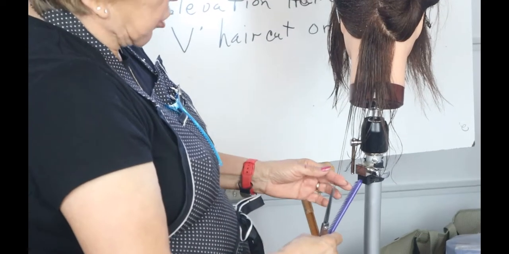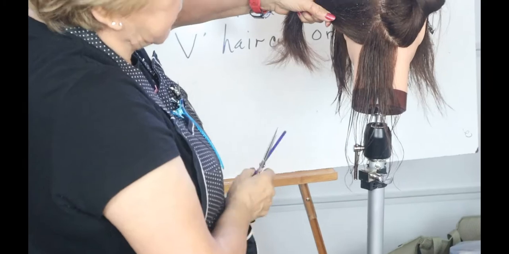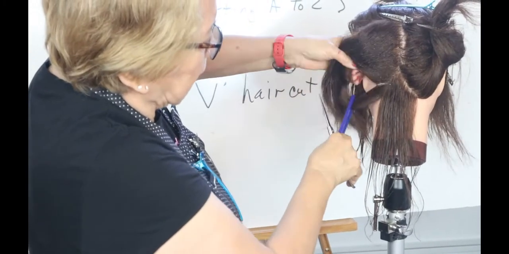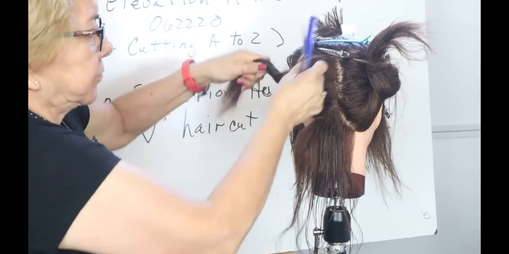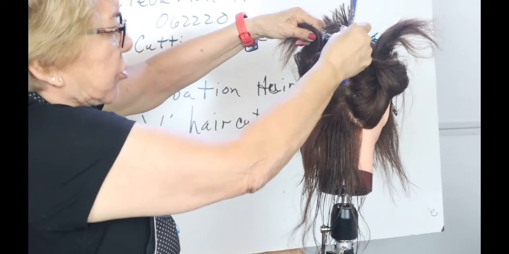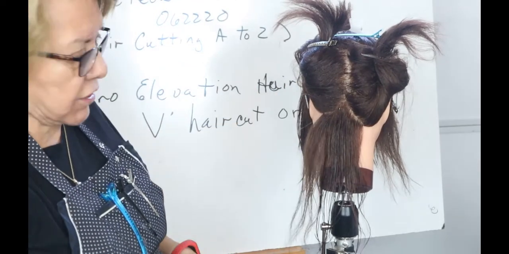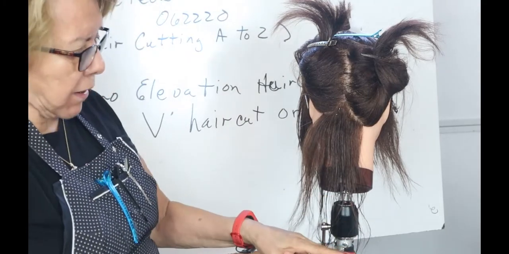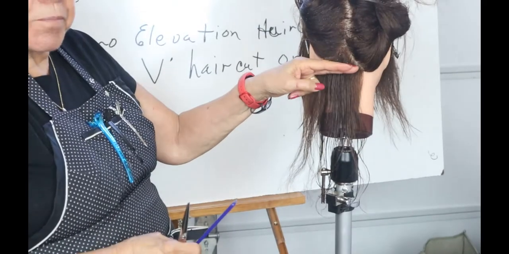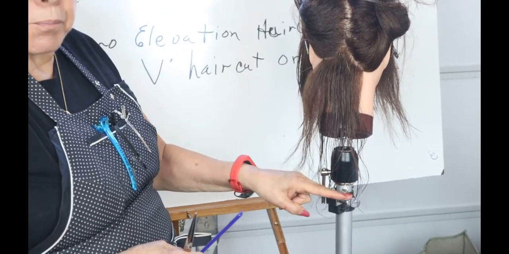Now, instead of just cutting that little bit, I'm going to go ahead and carve up about, I'd say, about 1 inch. So subsection, that's what that is. This is a section, this is a subsection that I just took off. Now, you noticed here I was with my fingers straight down into that center nape.